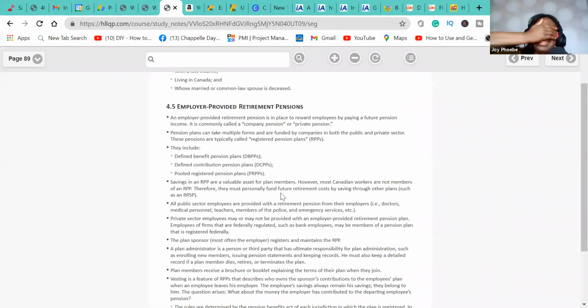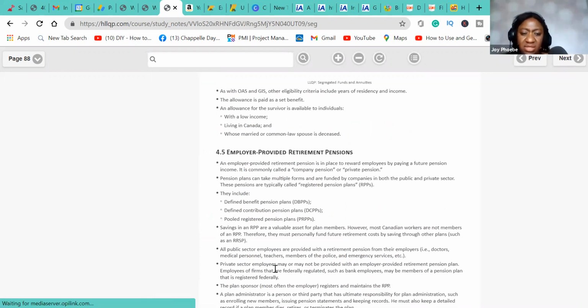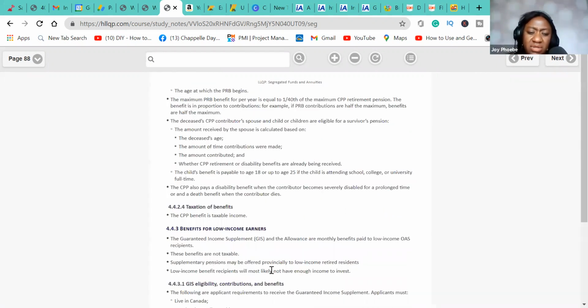So you see, we've looked at the government programs that are given to people that don't have anything planned out for retirement. We saw the old age OAS benefits, and then the second one, which is the benefit for the low income, the GIS.